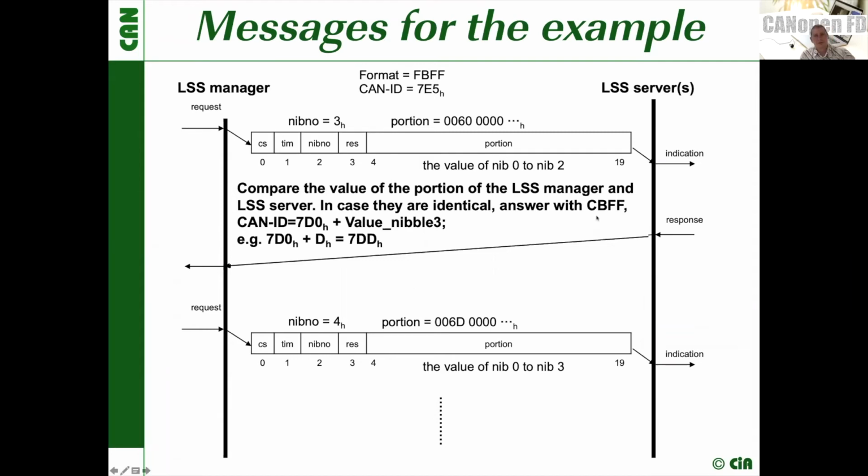It's important to notice that we are using for this the classical base frame format. In FD frame format, this would not work for the response because there you have to consider the ESI bit, the error state indicator, which may cause troubles in this application. Therefore, we have to stick with the classic base frame format.